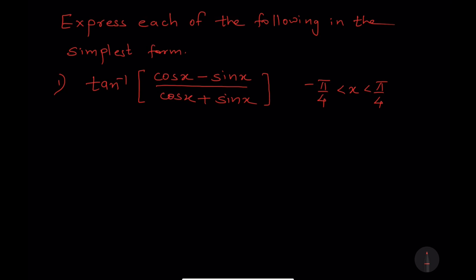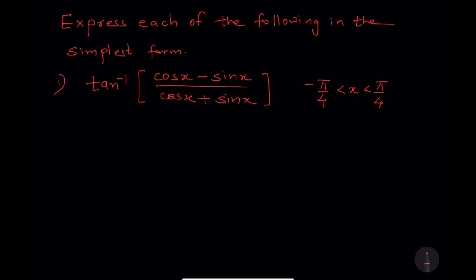Now we have tan inverse of something, right? So inside the bracket we have some expression, and we want to get it in the form of tan. Our first step will be to divide numerator and denominator by cos x.